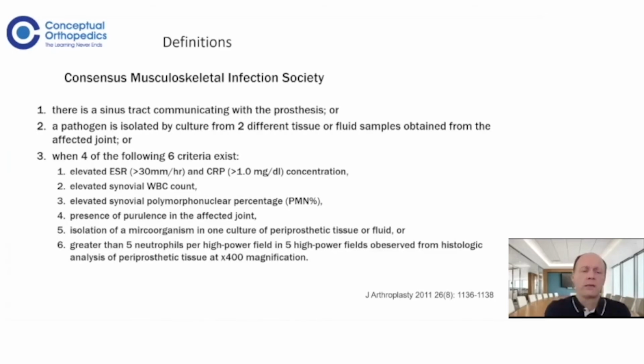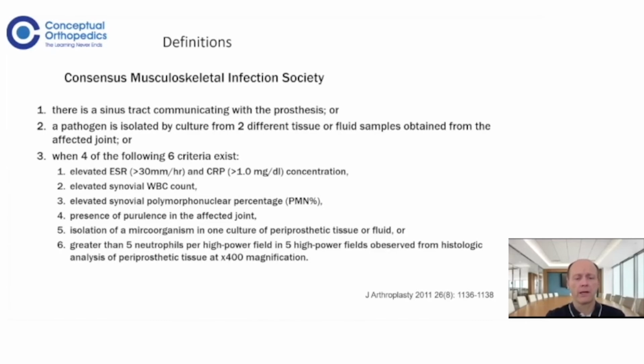Number 3, it is an infection if you have 4 of the following 6 criteria. Elevated ESR larger than 30, and elevated CRP larger than 1.0 concentration. Second, an elevated synovial white blood cell count. Third, an elevated synovial polymorphonuclear percentage. Fourth, presence of purulence in the affected joint.